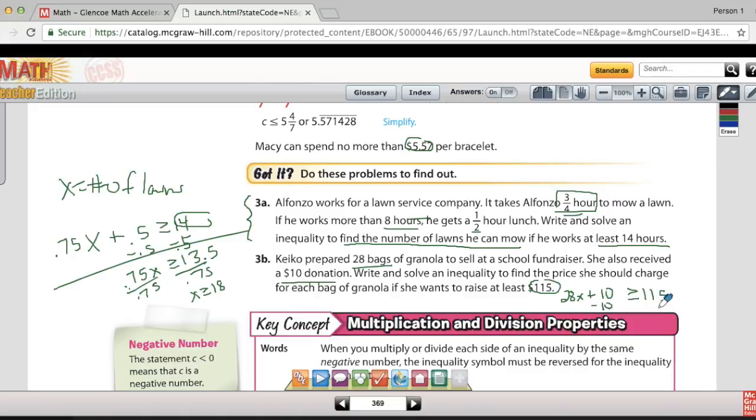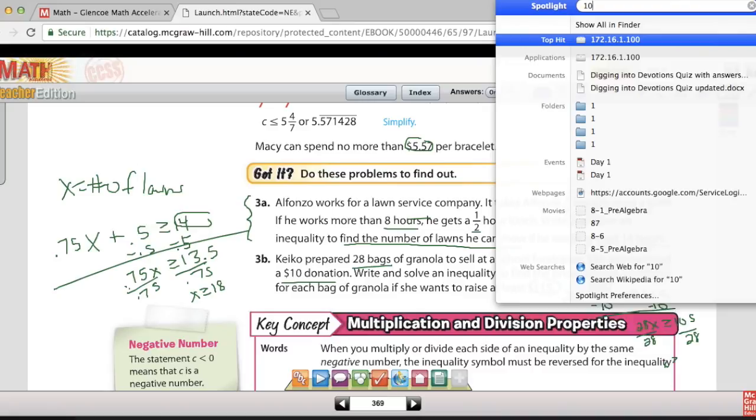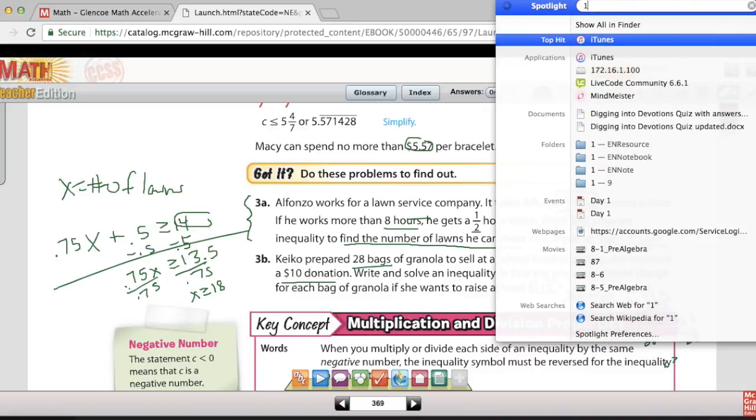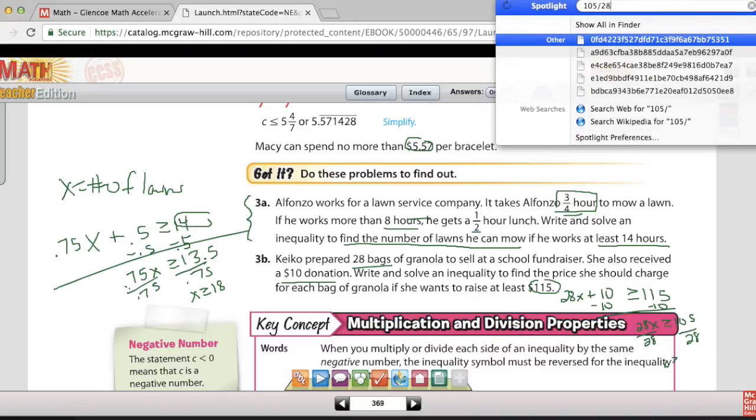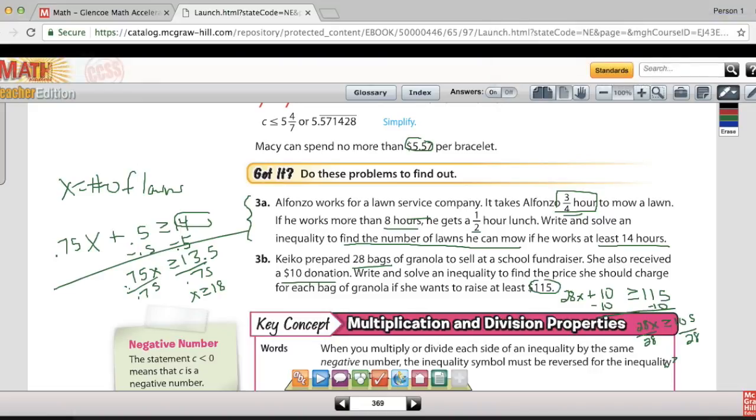So if we take away the $10 from both sides, we get 28x is greater than or equal to 105. And if we divide both sides by 28, we get x is greater than or equal to 105 divided by 28, which is $3.75.